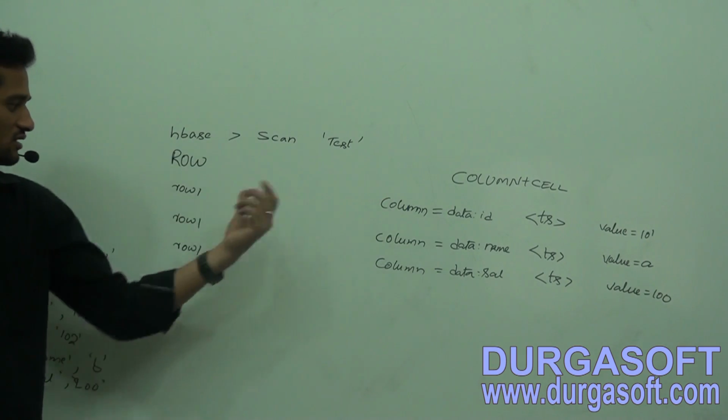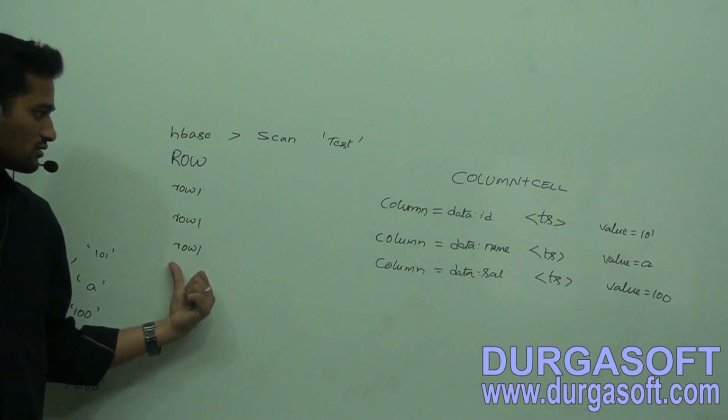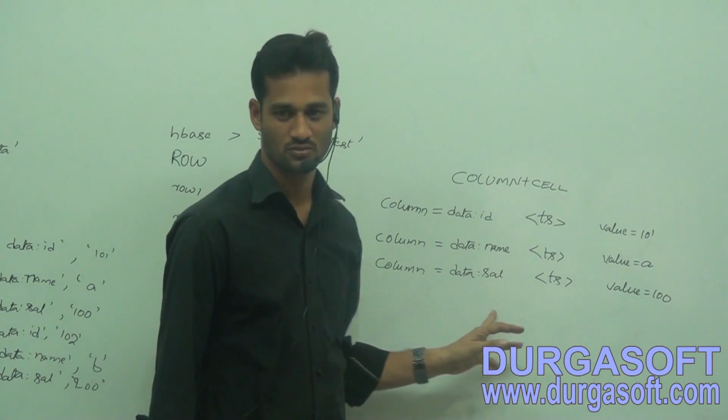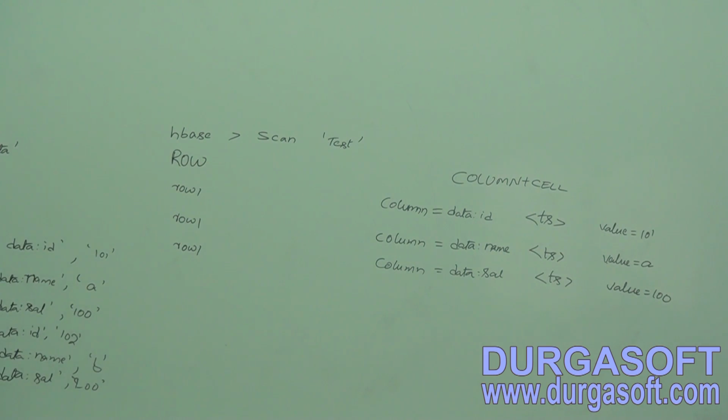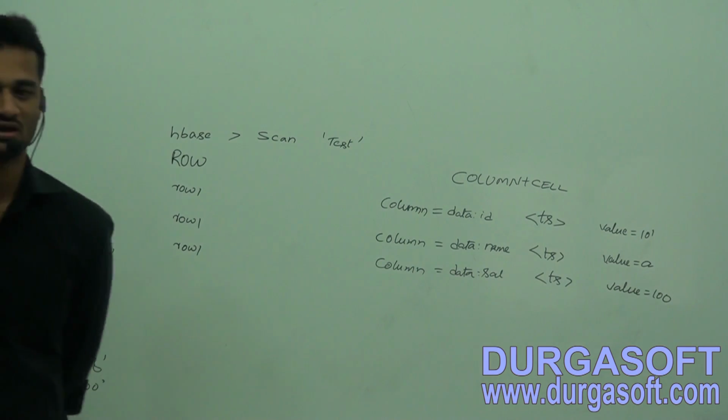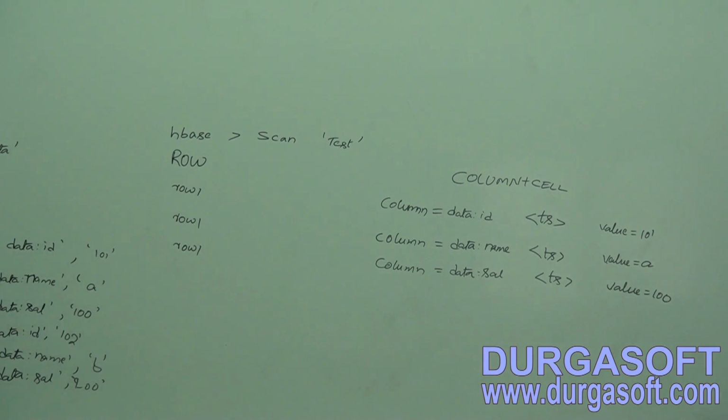Row, column plus shell, row 1, row 1, row 1. For row 1, ID, name, salary should be there. Again for row 2 also, ID, name, salary should be there. They'll sometimes ask you how to take data in HBASE, how it is properly taking your data.